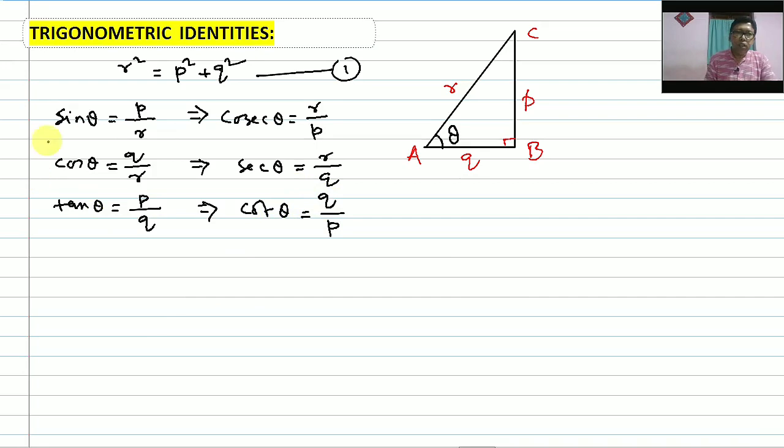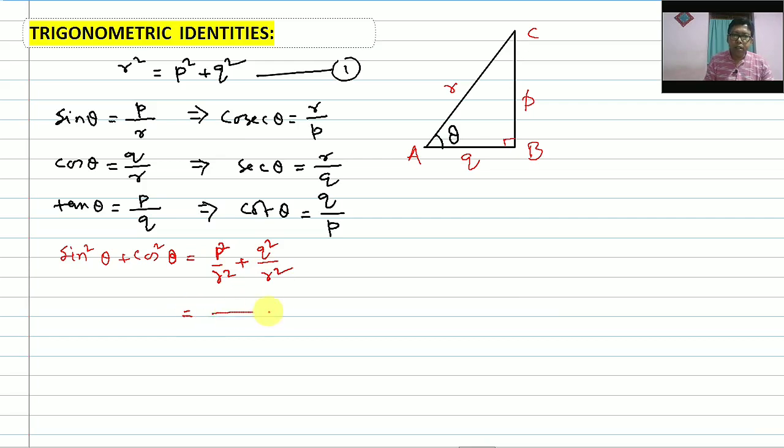Now if you square and add the first two, sin theta and cos theta, then what will you find? Sin square theta plus cos square theta. This is p square upon r square plus q square upon r square.